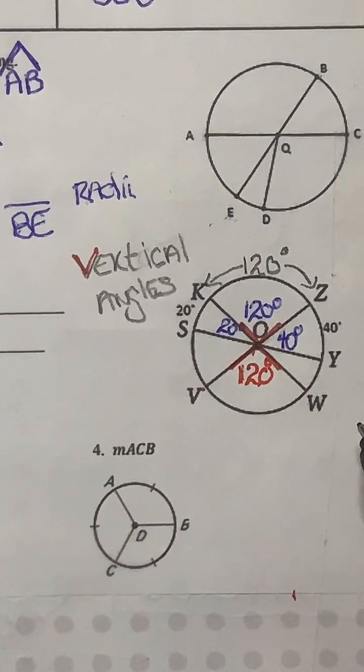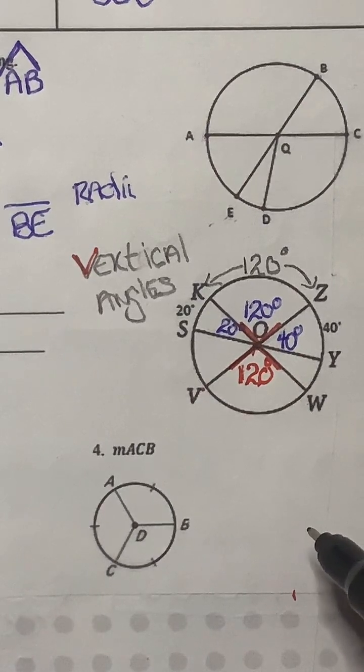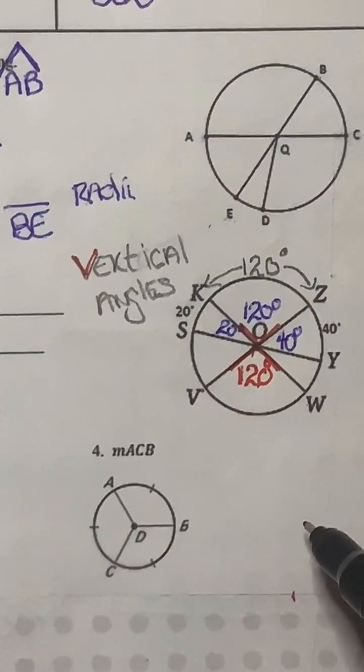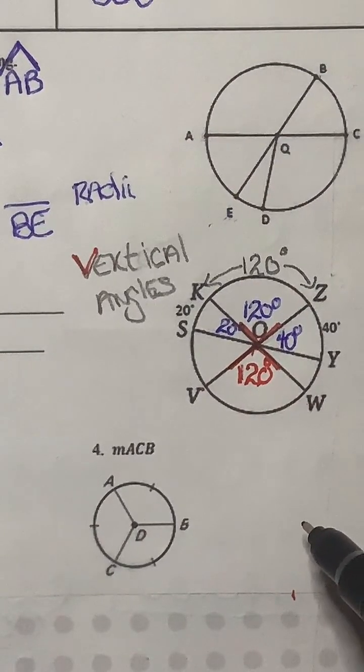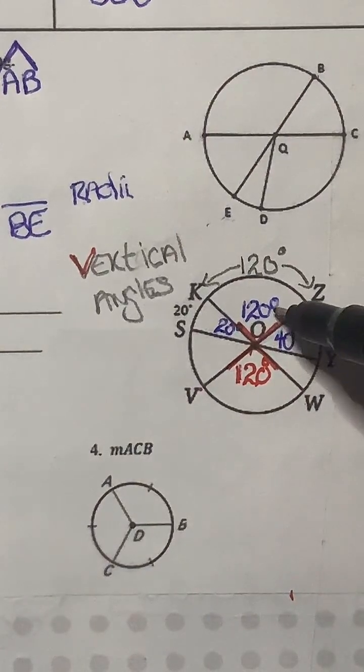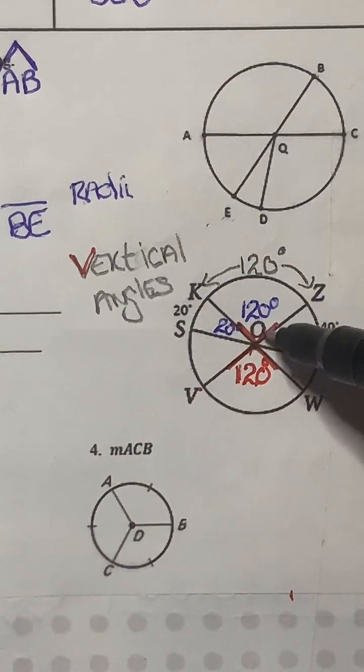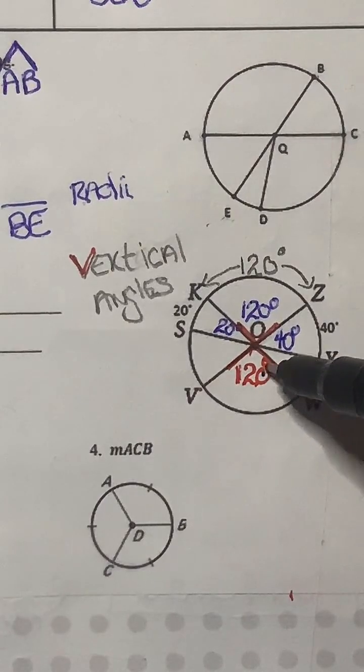I have SONs, I have YOWs, I have SOVs. YOW, because it's the vertical angle. All right. So remember, the 120 was directly across from the 120.